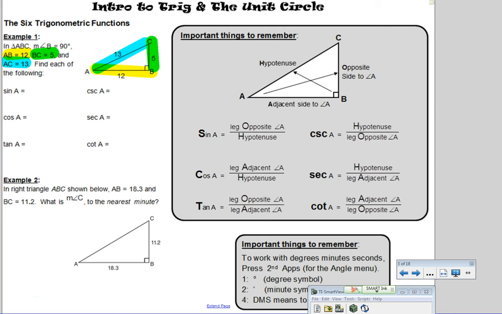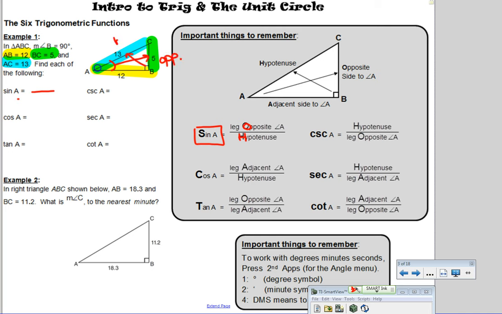So going back to our 3 basics, sine, cosine, and tangent. Sine is the ratio of the opposite side over the hypotenuse. Looking at our picture, let's label our sides. We're dealing with angle A, so here's angle A. First, labeling, we want that side to be opposite.